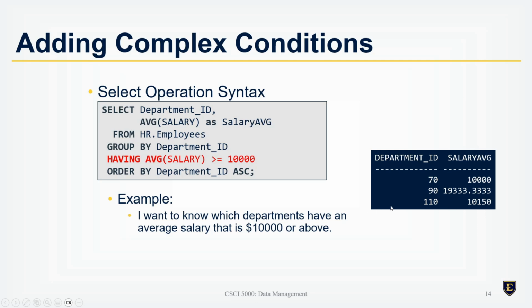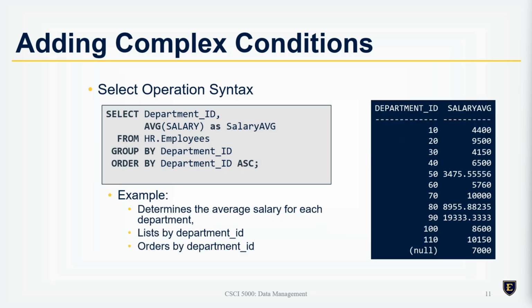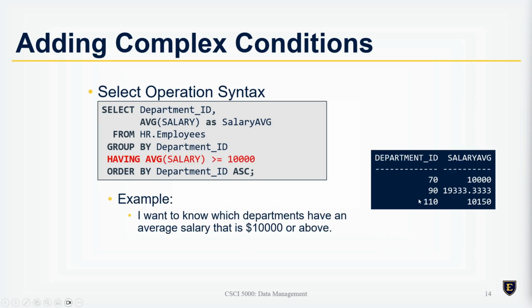If we went back to look at the previous example, and look through here, 70, 90, and 110. So if we compare those to our query here, the having clause is doing this job for us.